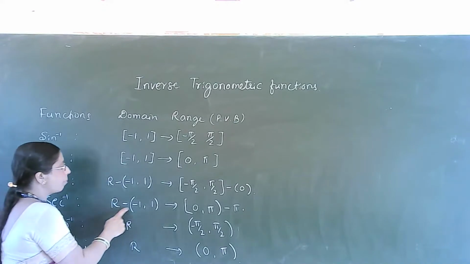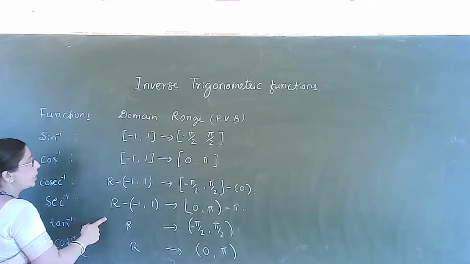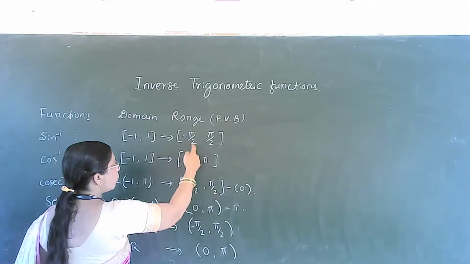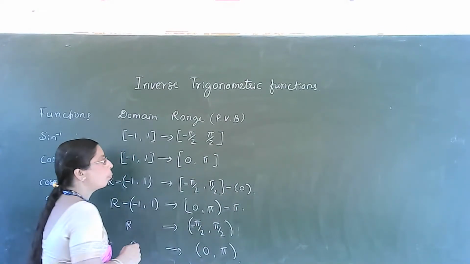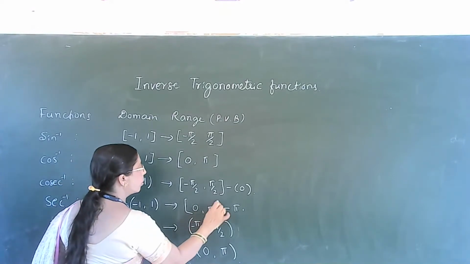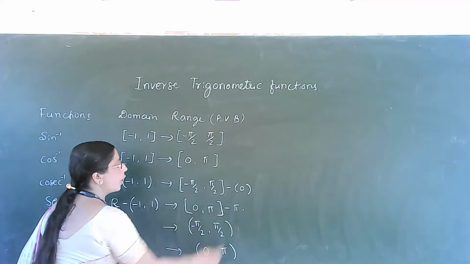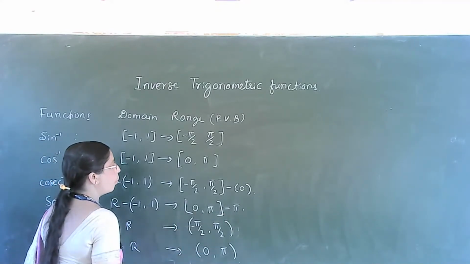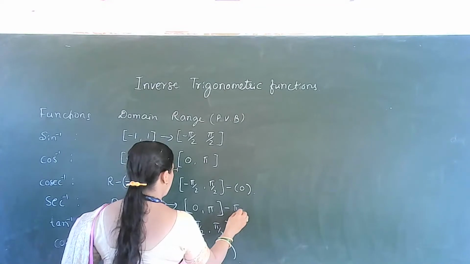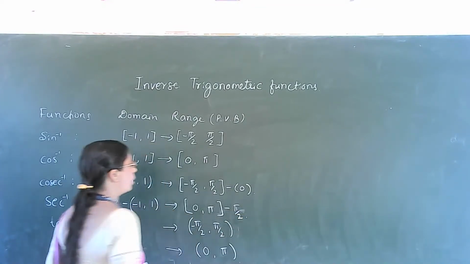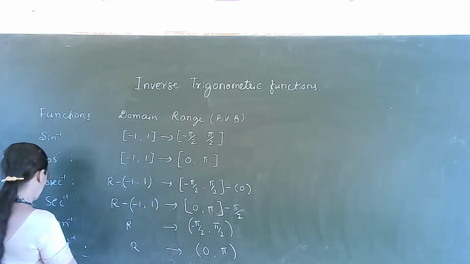Here the second one is sec inverse, R minus (-1, 1). For these two, cosec inverse and sec inverse, the domain is the same. The range for cosec inverse is -π/2 to +π/2 without 0. For sec inverse it is 0 to π minus π/2. Here π/2 is not included in 0 to π.